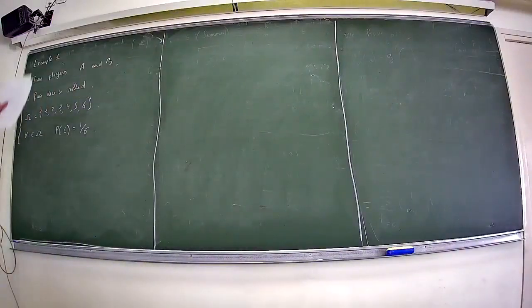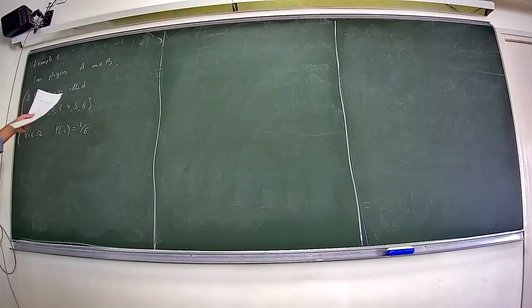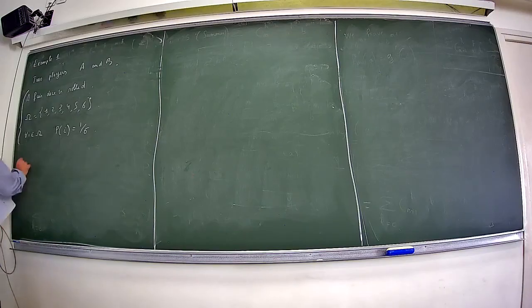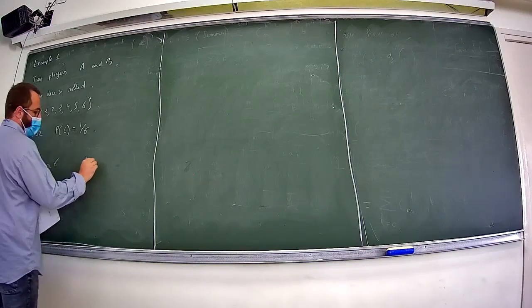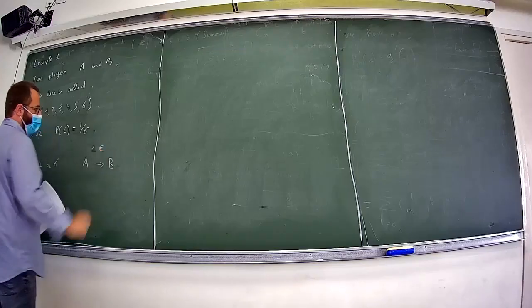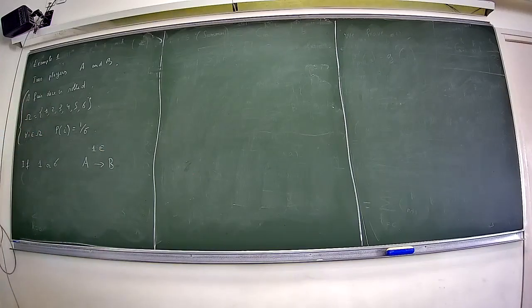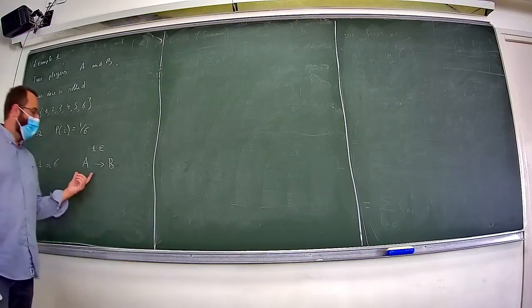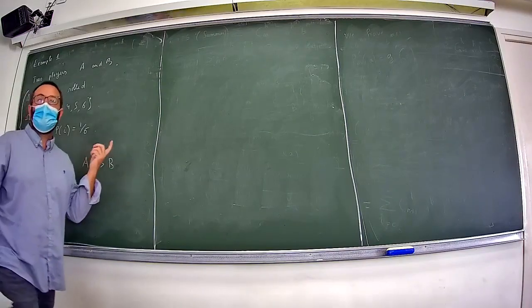And now let's see the rules of the game. This is very basic. If I obtain 1 or 6, A has to give to B €1.